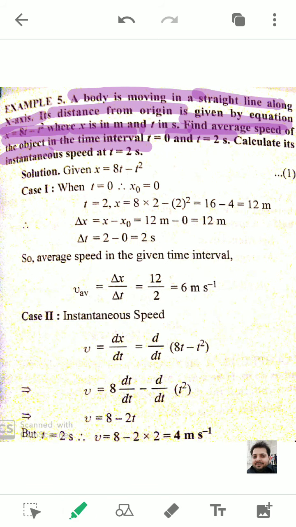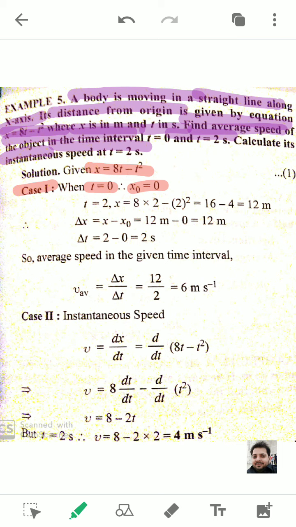The question says that a body is moving along a straight line and the distance equation is x equal to 8t minus t square. So find the average speed in the interval t equal to 0 to t equal to 2 seconds, and calculate its instantaneous speed. Okay student, so one by one. Case number 1: when t equal to 0, x naught is also equal to 0. The initial position, the object is at rest.